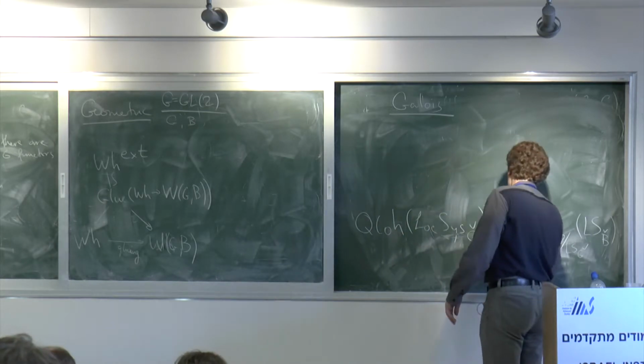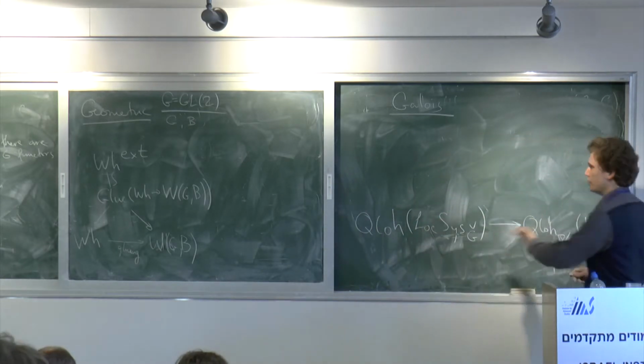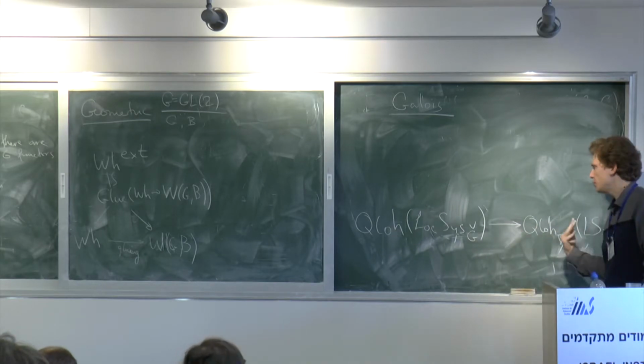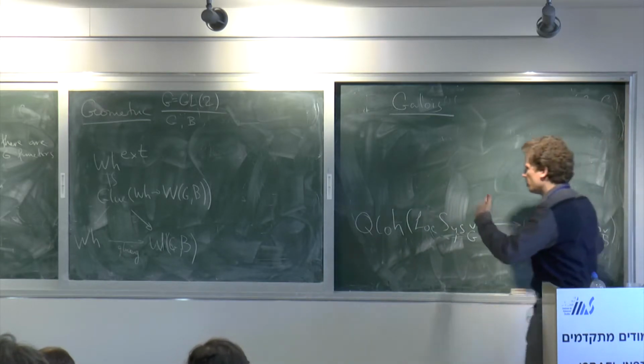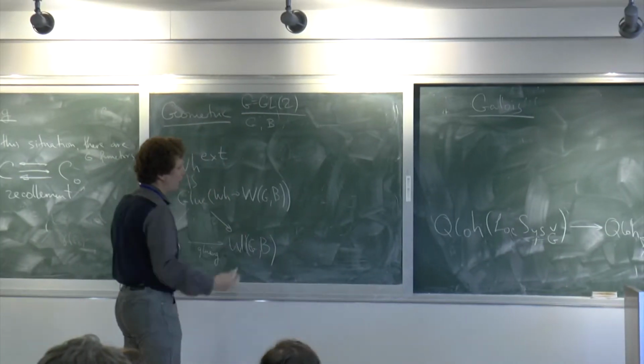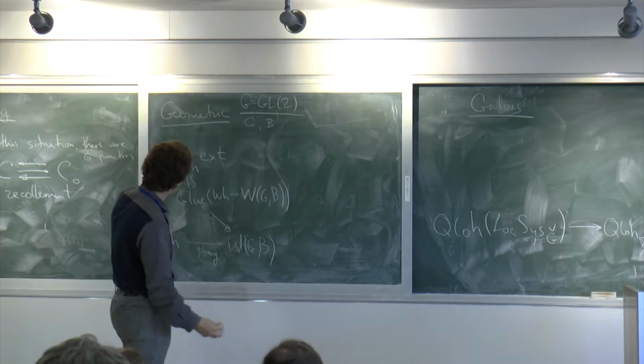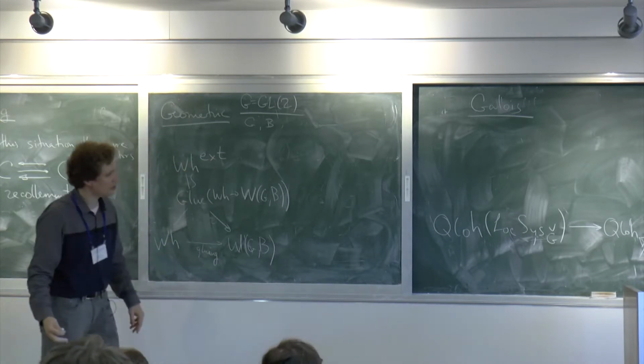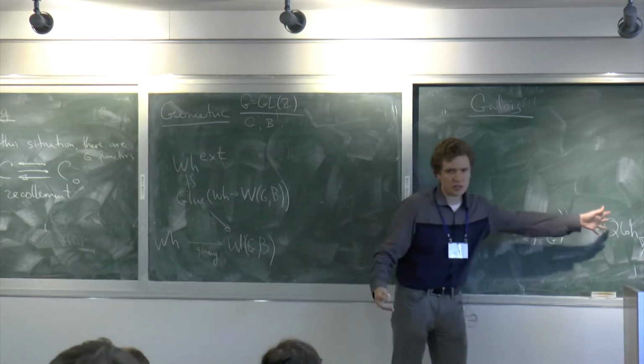And it's not hard to see that there is a natural functor between the two categories. And we will just declare our glued spectral version of the extended Whittaker category to be the gluing of these two.